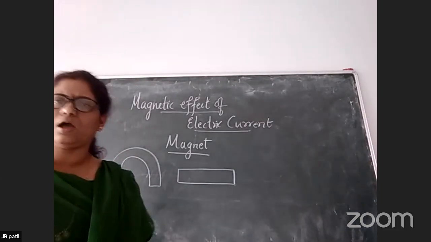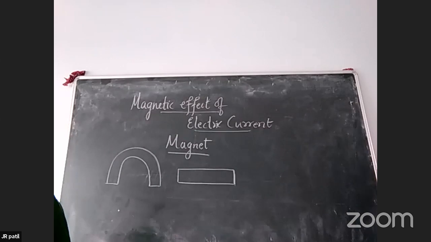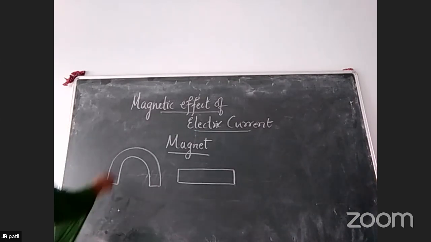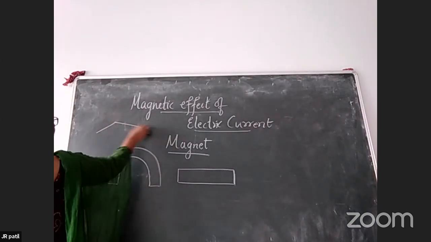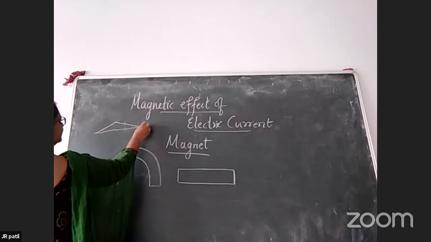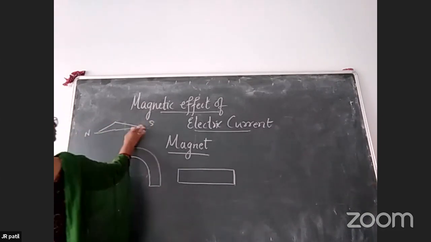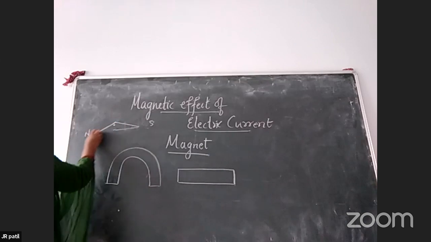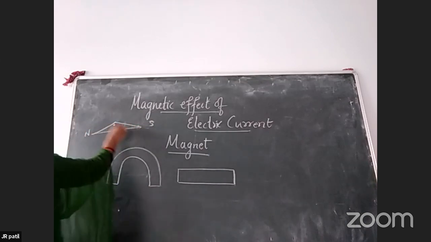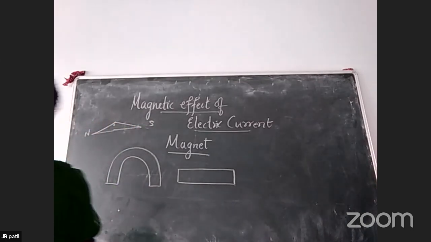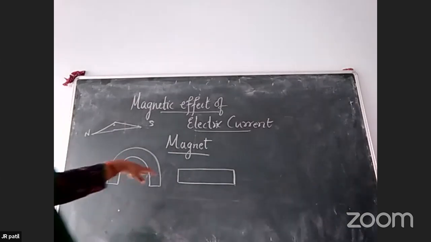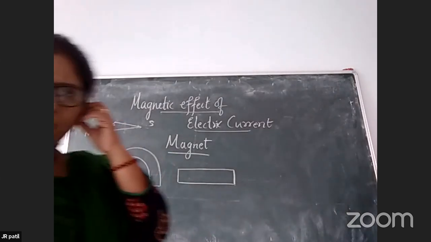Then we have a magnetic needle like this. In the compass you can see needles like this, north, south. So you can see the magnetic needle in the form of the compass. There are different shapes we have given.